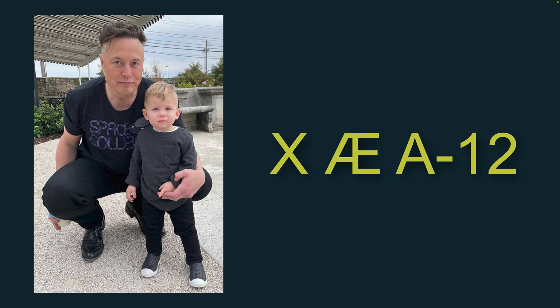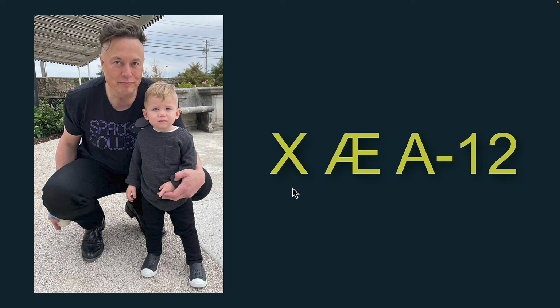Let's take this example. In modern society, people think that names are really tags of identification. For example, Elon Musk's son was named XAEA12. Well, this symbol here is A and E joined together. So I do not know how they pronounce it and what the significance of it is.